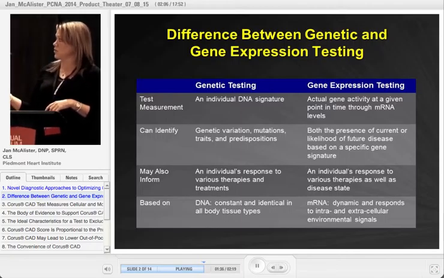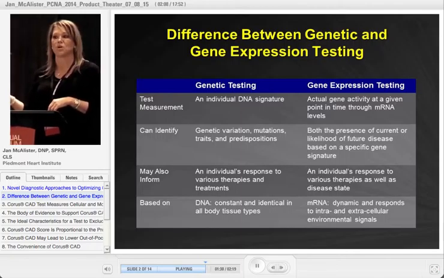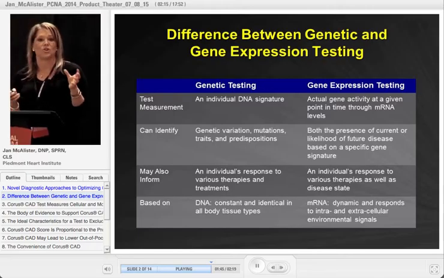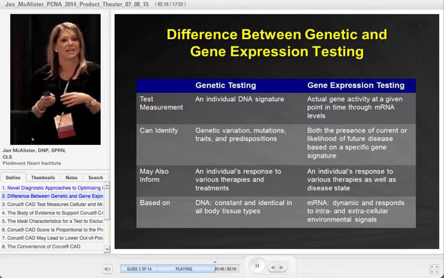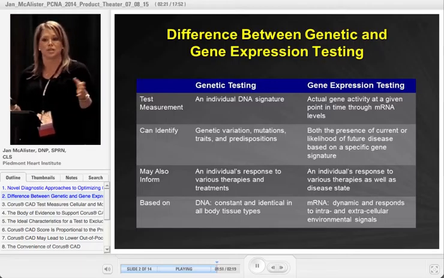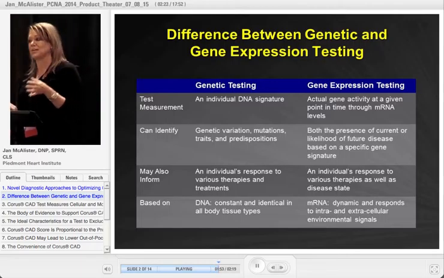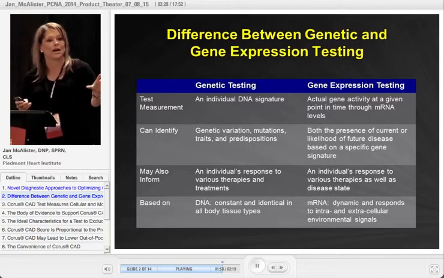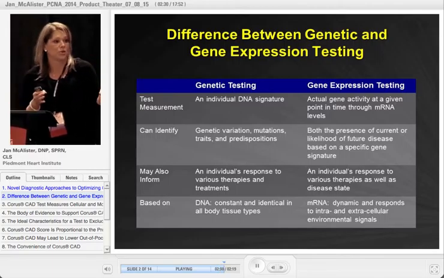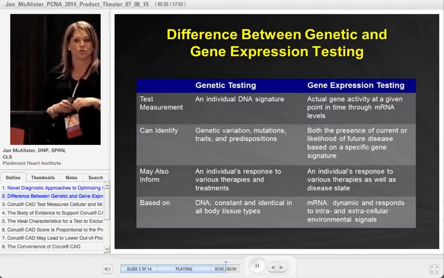But gene expression testing looks at what effect your genes have on your messenger RNA. It's very dynamic. It's going to change according to what's going on at that period of time, as opposed to just setting you up for what may or may not be in your future based on your DNA.